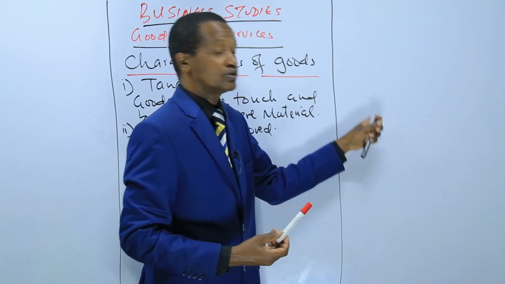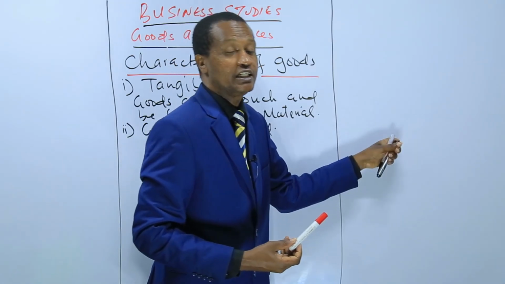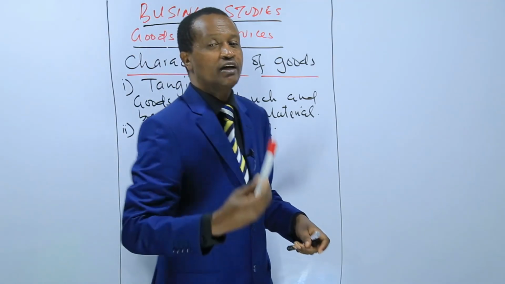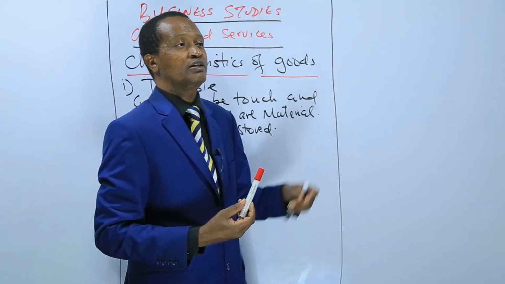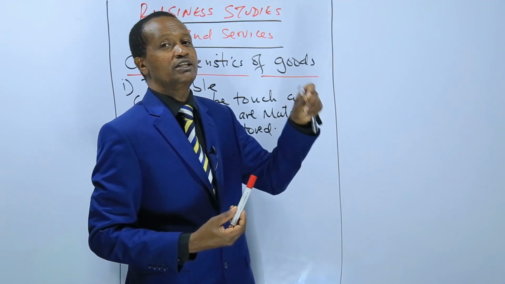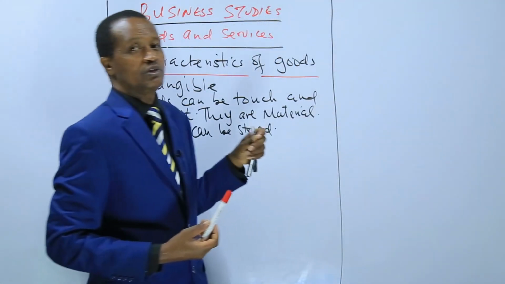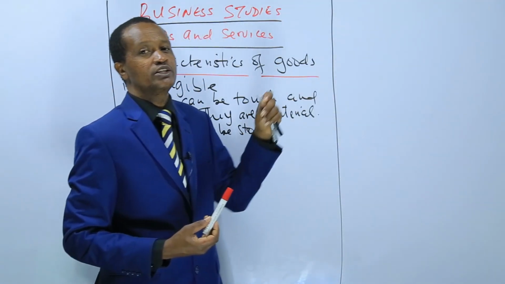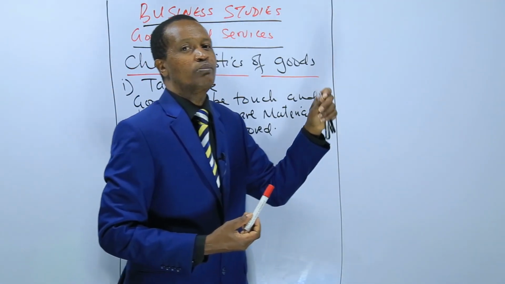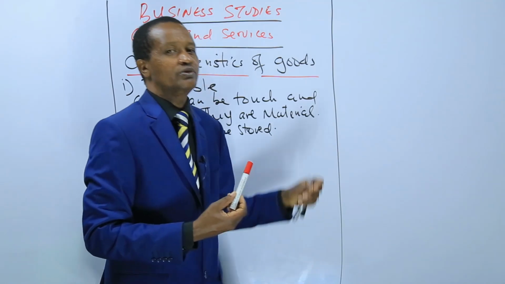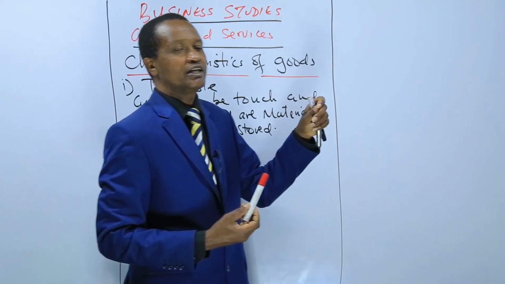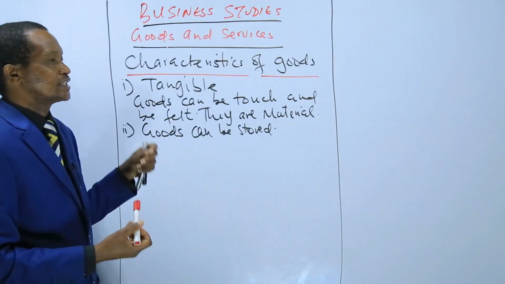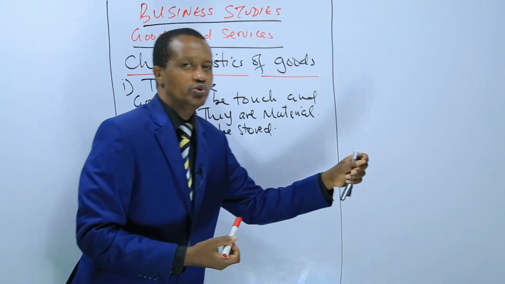This board can be used for 5 years, for 10 years, but tomatoes, pizza, you cannot buy pizza today and eat it after 1 year. No, that one will get spoiled. So these goods that go bad easily, unless they are stored under special facilities like a refrigerator, are known as perishable goods.